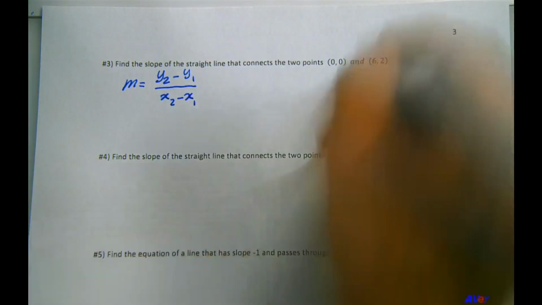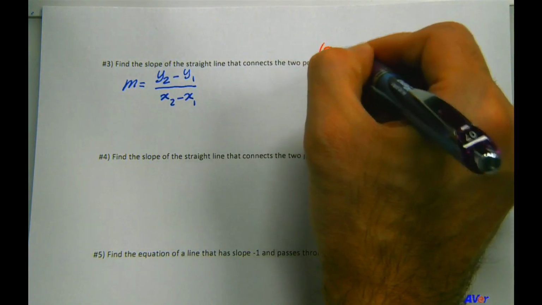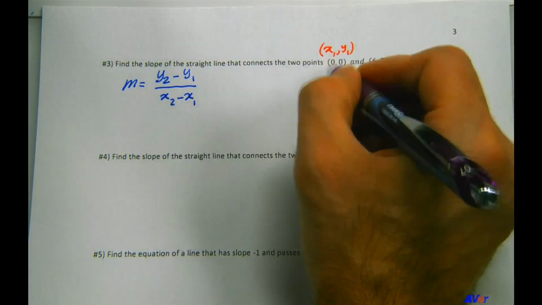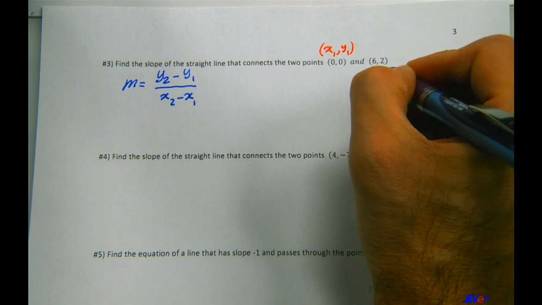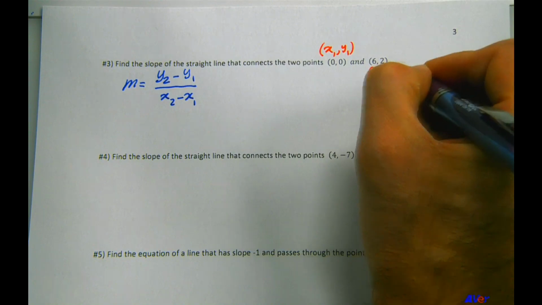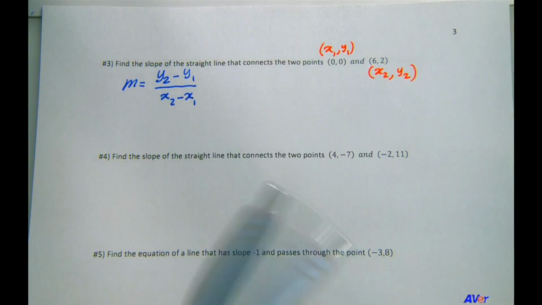And for the sake of convenience and accuracy, let's label these points. So 0, 0 is x1, y1, and 6, 2 is x2, y2.